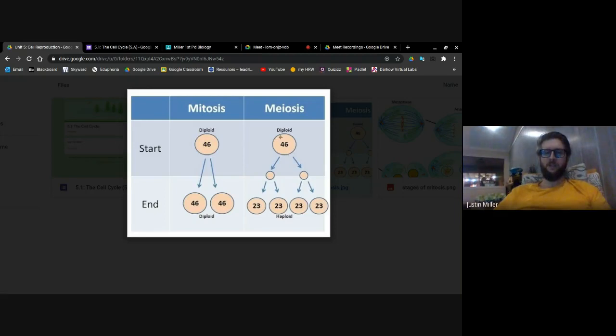That's where one cell starts off with a full set of 46 chromosomes and splits in half and half again to where each daughter cell has just 23 chromosomes. Now, we'll talk about that later. I don't want to go too much into that now. I just want you to know the difference between mitosis and meiosis so that you don't get the two confused. Mitosis is what we talked about today.